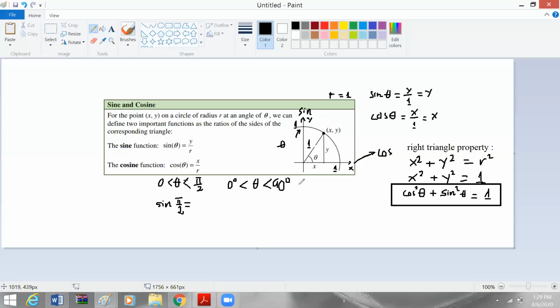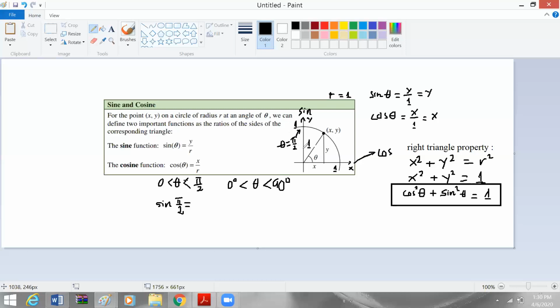So now we're going to consider when theta is pi over 2. Look at that, the angle goes all the way to the y. So this is the point where we can see that y equals 1, and what is the value for x?